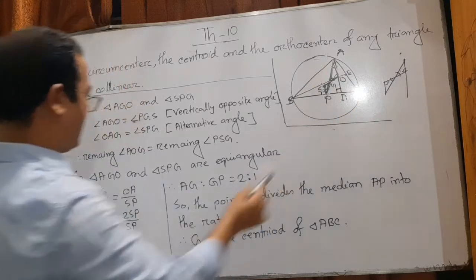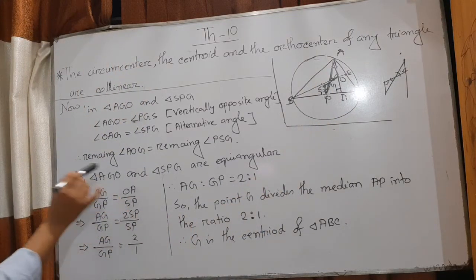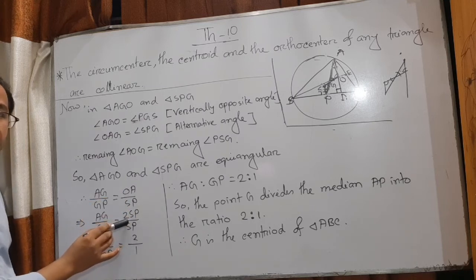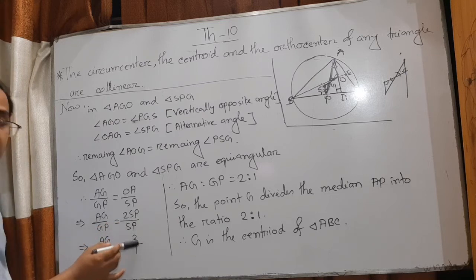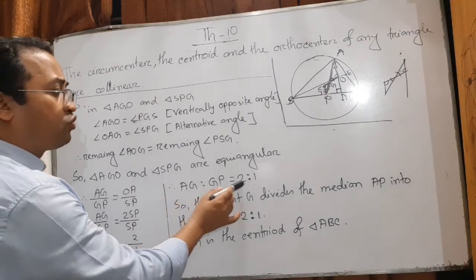From equation number 1 we get OA equal to 2SP. So we can write 2SP there. So AG by GP equals 2 by 1. AG is to GP equal to 2 is to 1.